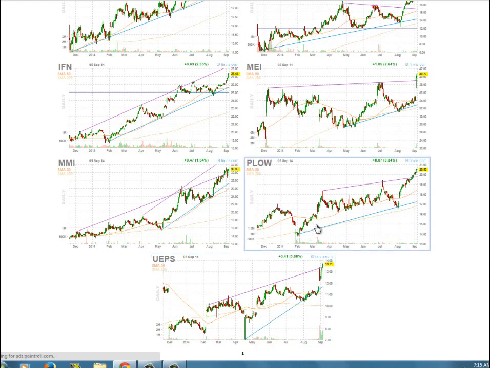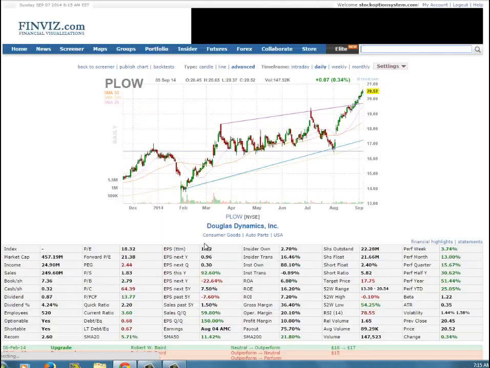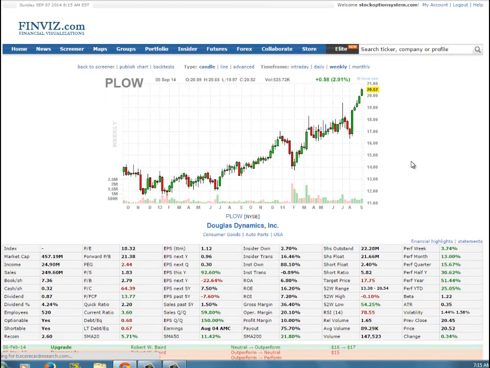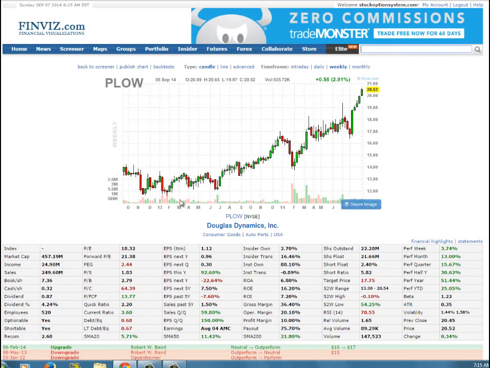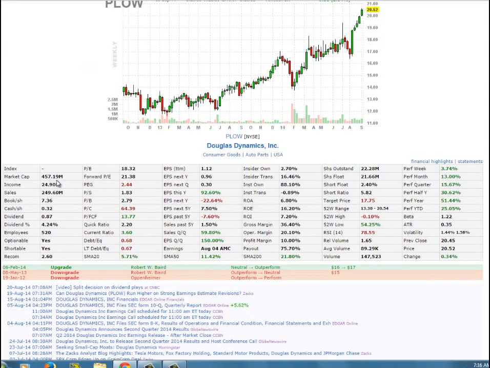Let's go back and take a look at here. There's a company called Plow. 150%. Let's take a look at the weekly chart. Had kind of a base right here and started trading higher. Market cap is 457.